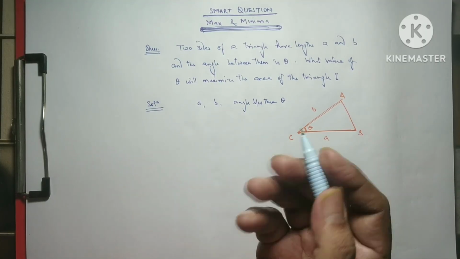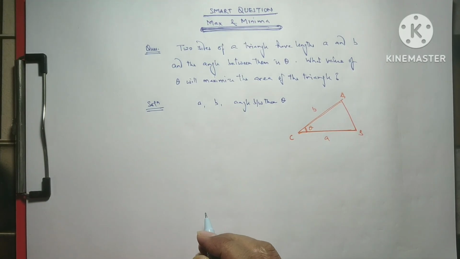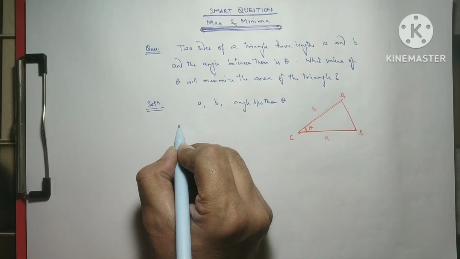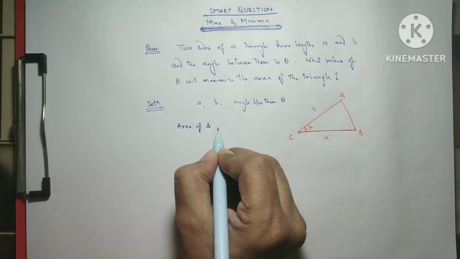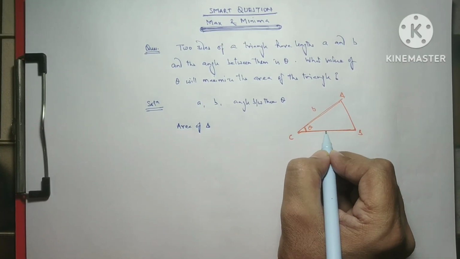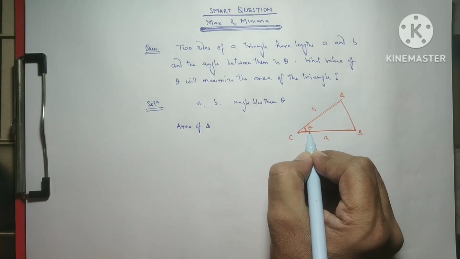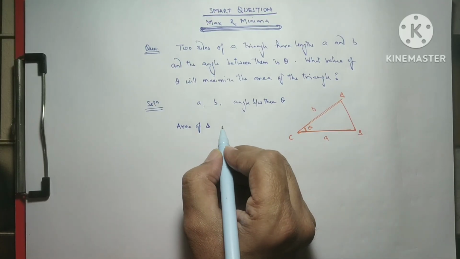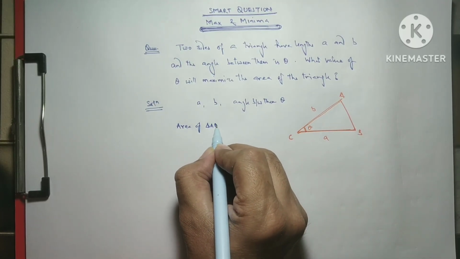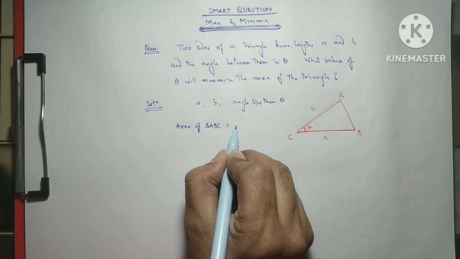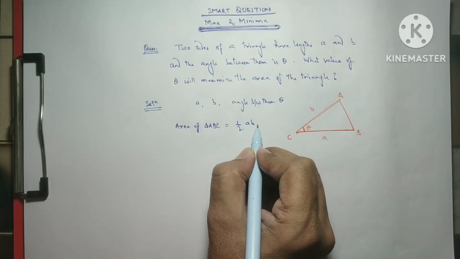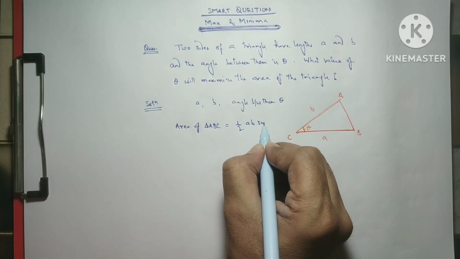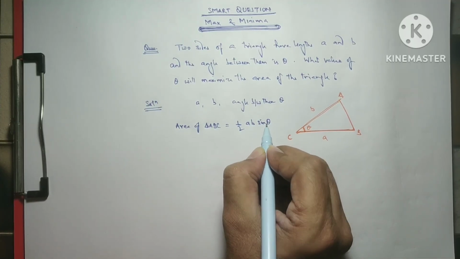is theta. And according to the concept of trigonometry, we know the area of a triangle in terms of two sides and the angle between them is half the product of two sides with the sine of the angle between them.